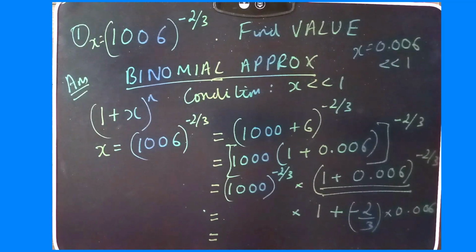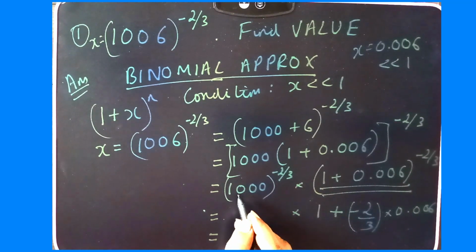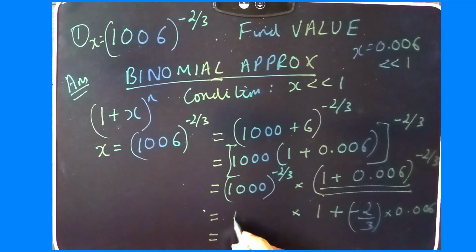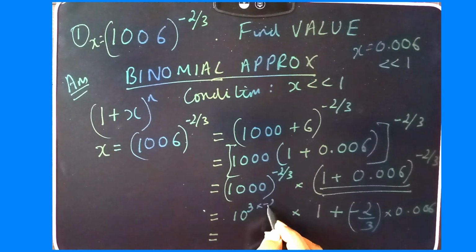How will you solve this? This particular value, 10 raised to power of 3 will be 1000, and this is multiplied by minus 2 by 3. So 3 and 3 will cancel, you get 10 raised to power of minus 2.